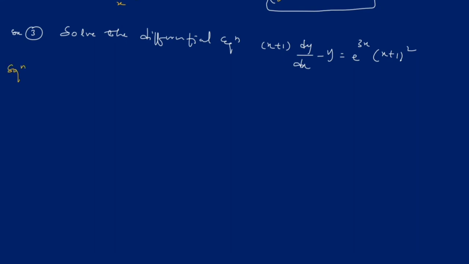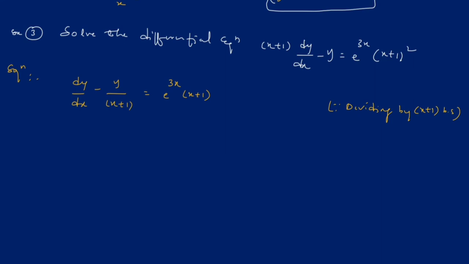Here the given equation can be written as dy/dx - y/(x + 1) = e^(3x)(x + 1), where we are dividing both sides by x + 1.